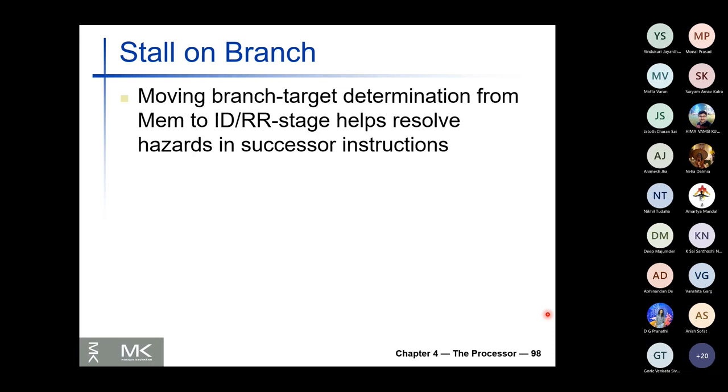For the comparison, you need to read the content of 2 registers, R1, R2. And we are doing it in the IDRR stage. Is there any problem you can foresee?